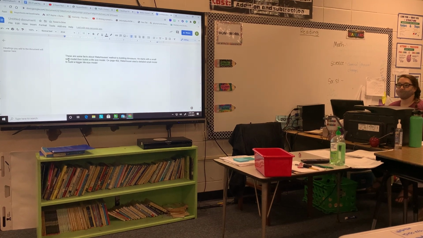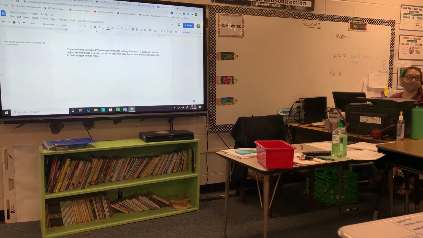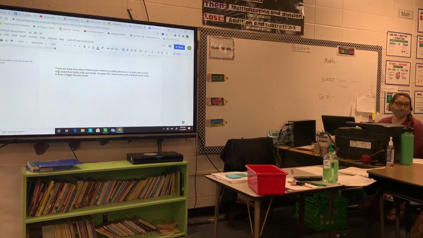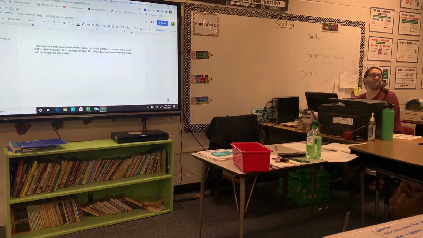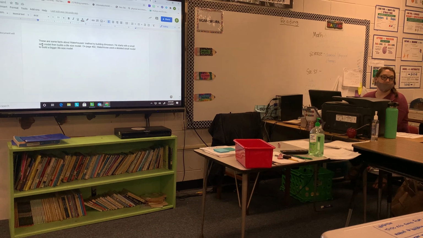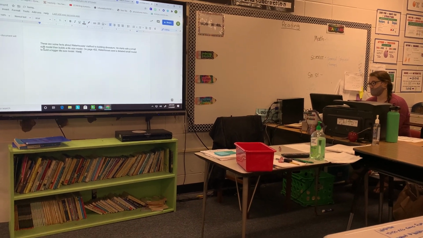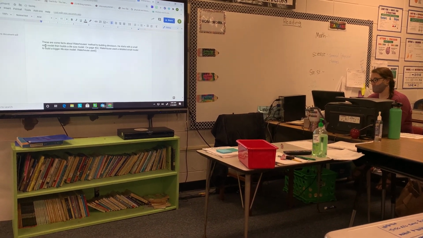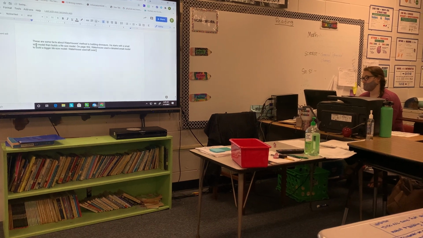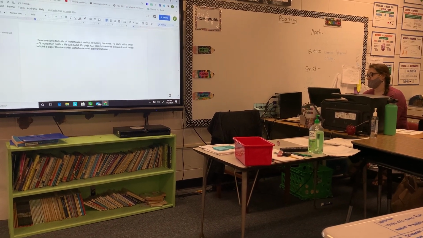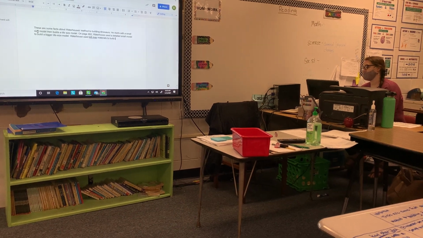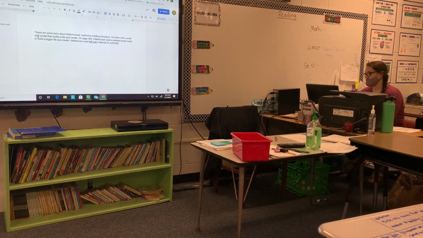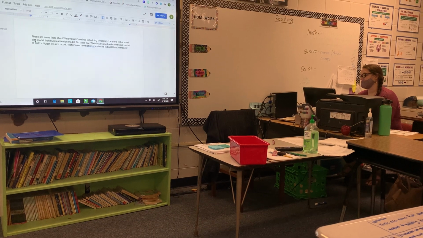Waterhouse used leftover. Hold on, where are we at? The second key star idea. So everybody's looking at that second key star idea. Okay, now what? Waterhouse used leftover material to build life-size models. Okay?